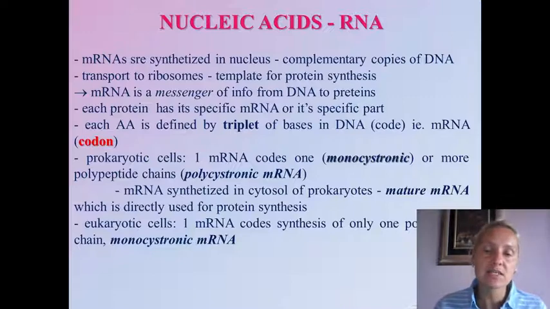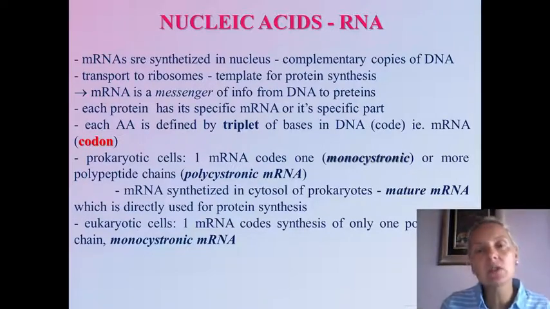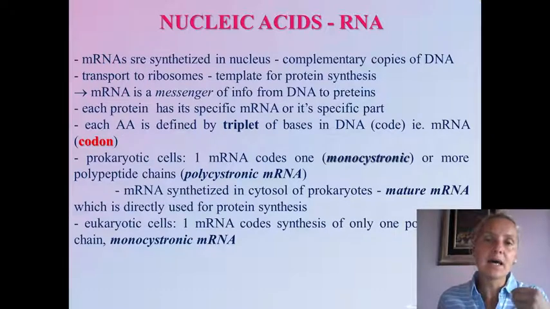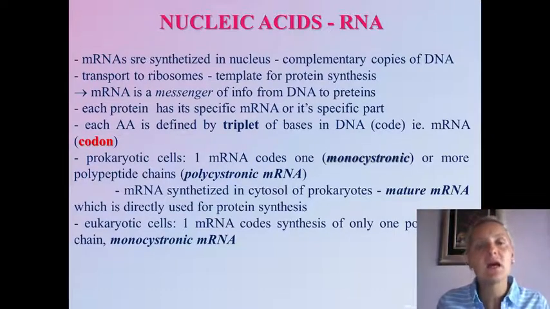In prokaryotic cells, one mRNA codes for 1 or more proteins, so it can be monocistronic or polycistronic, rather polycistronic. But in eukaryotic cells, one mRNA codes exclusively for only one polypeptide or protein, so it's exclusively monocistronic. The other difference between prokaryotic and eukaryotic cells is that mRNA in prokaryotic cells is absolutely functional immediately upon its synthesis.